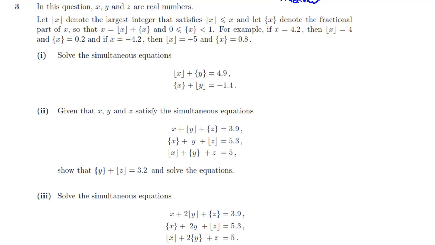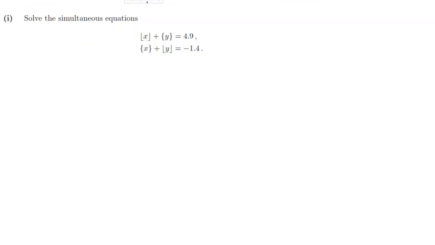Okay. It defines, for example, what the integer part is and what the fractional part is. Then it says solve the simultaneous equations: floor of x plus fractional part of y equals 4.9, fractional part of x plus integer part of y equals negative 1.4. So here, when we write something like this, we know the only possibility is that the integer part is 4 and the fractional part is 0.9.